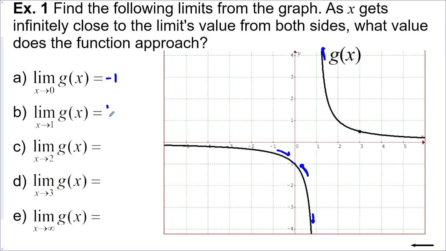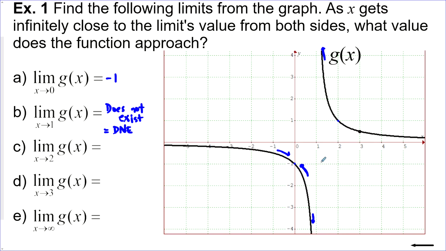So this limit does not exist because it doesn't approach a specific value. Now this is a lot of writing for us in math, so we're just going to write in capital letters DNE.